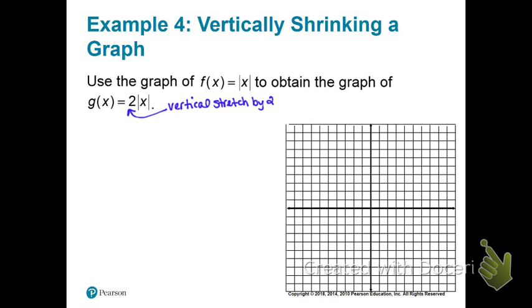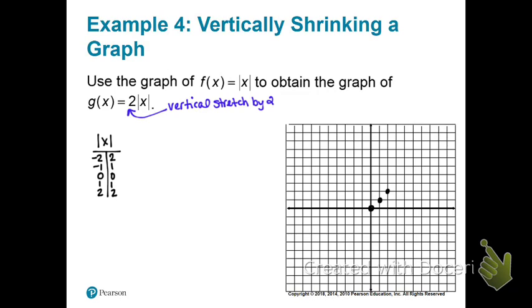Alright, so let's actually graph these to be able to see. So I'm going to take my parent function and I'm going to pull out my table. And I'm going to go ahead and graph it.